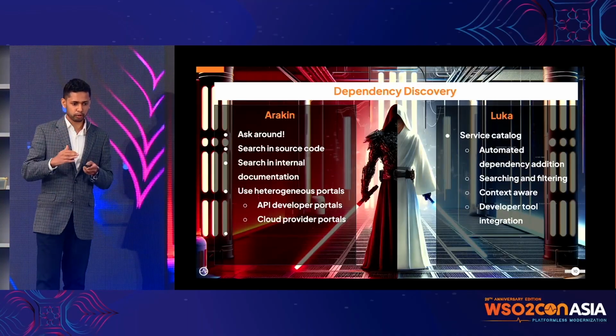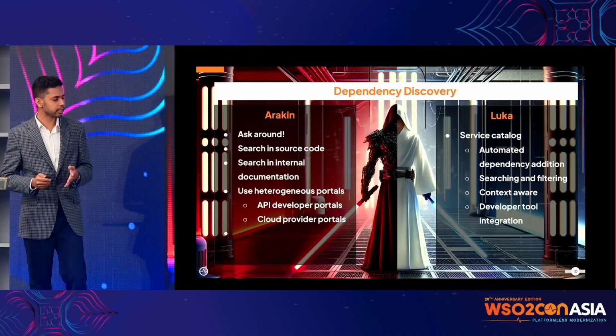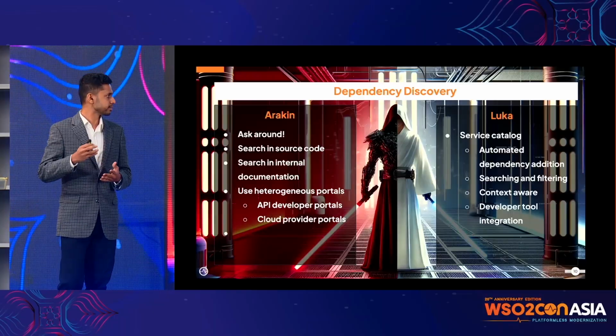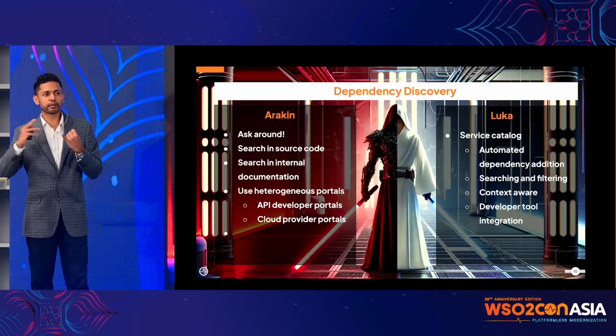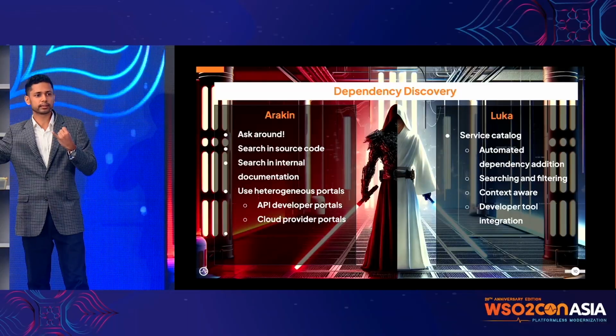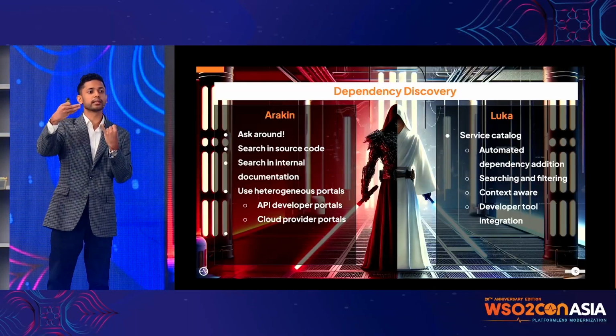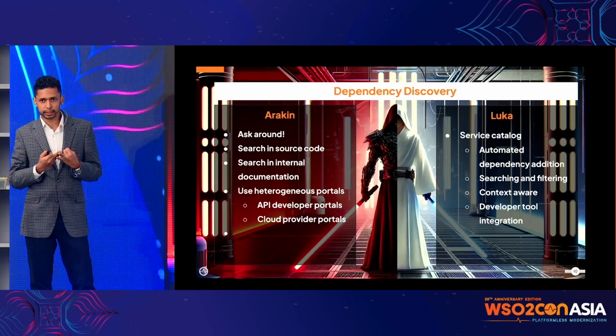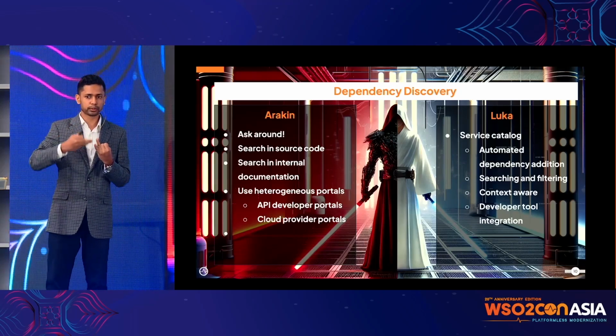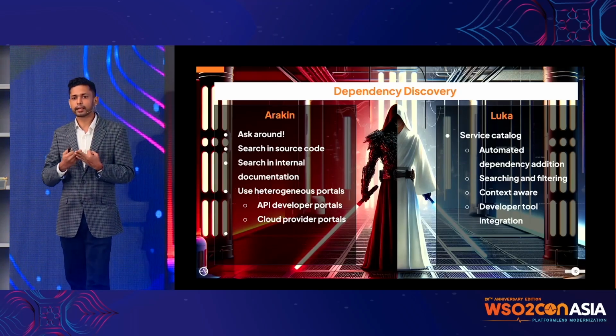In internal developer platform implementations, these catalogs will have automated dependency additions. That means if you deploy a new service within your organization, it would appear in your service catalog so that others can see it. And they would have proper searching and filtering capabilities rather than you going through text. And they would be context aware.